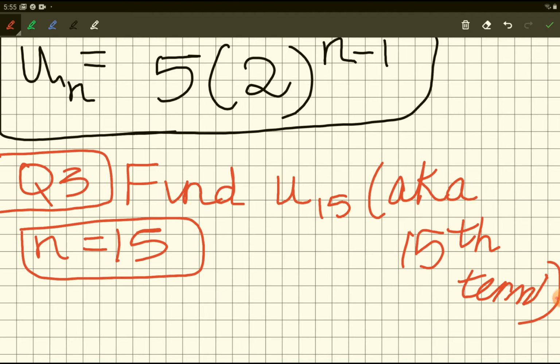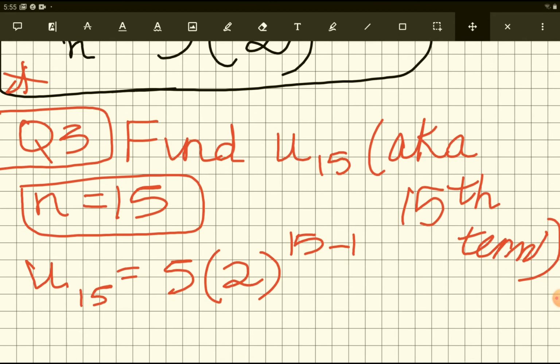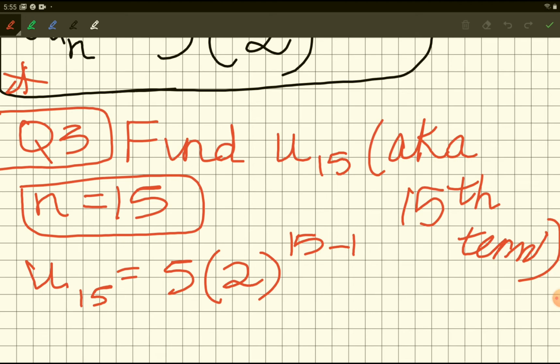So now we're just going to plug it in. So using this formula, u sub 15 equals 5 times 2 to the 15 minus 1, which is rewritten u sub 15 equals 5 times 2 to the 14th power.